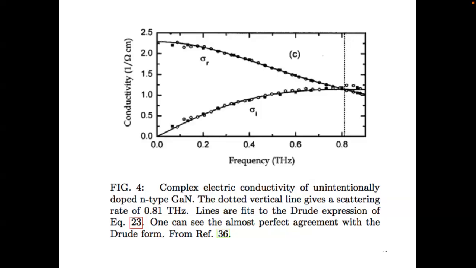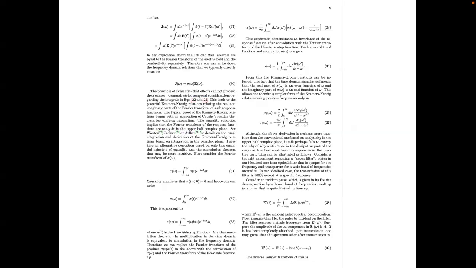This is the conductivity as a function of frequency. This is the real part, and that's the imaginary part. The lines that go through it are just fits to the Drude expression, which we'll talk about in a little bit. The important thing I want you to take away is that the conductivity is a complex quantity, with real and imaginary parts. Sometimes the real part gets more attention, but they really just reflect the same underlying responses.